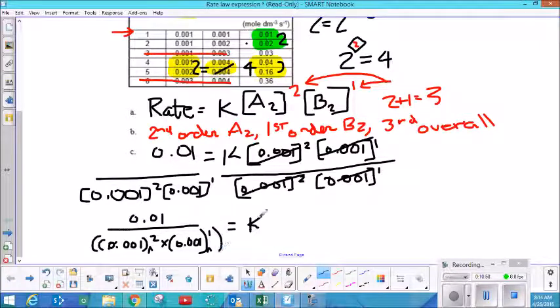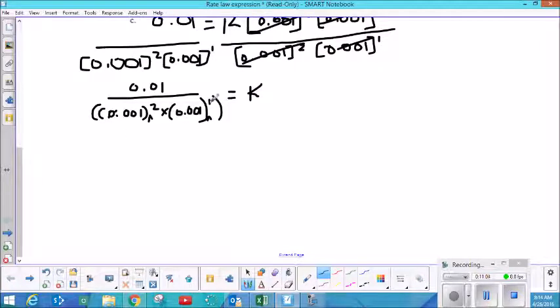And then you have to close the parentheses that is opened over on this side. So when you do the calculations for that, you should be getting K equals 1 times 10 to the 7. So do your calculations and confirm that you are getting 1 times 10 to the 7.